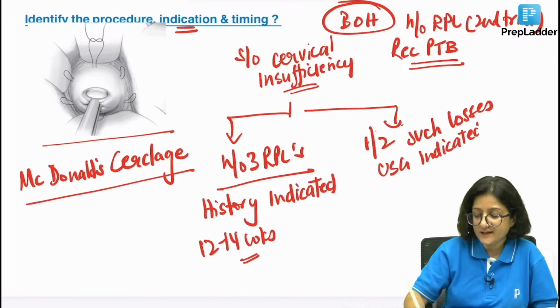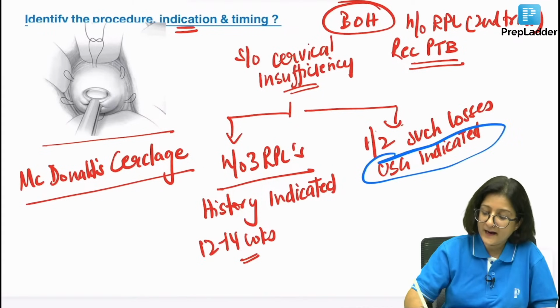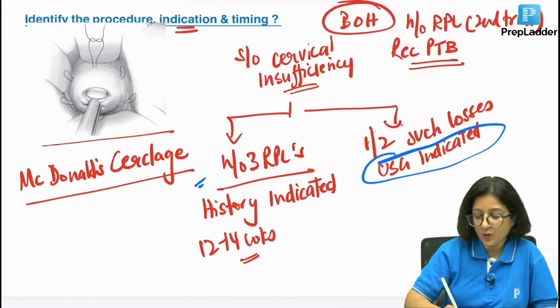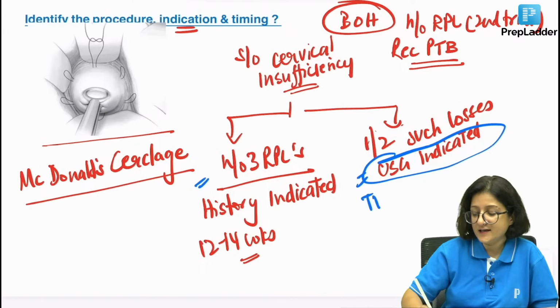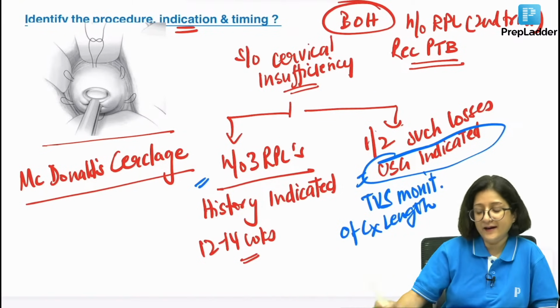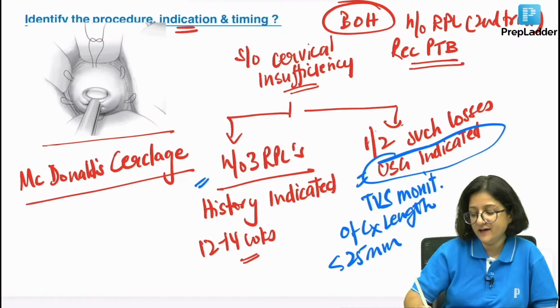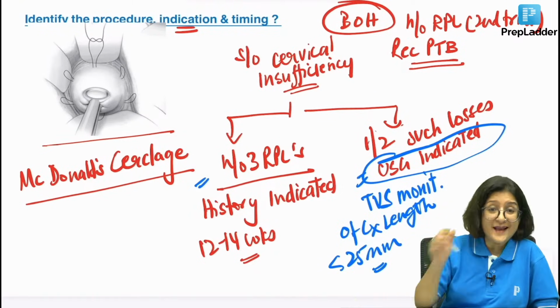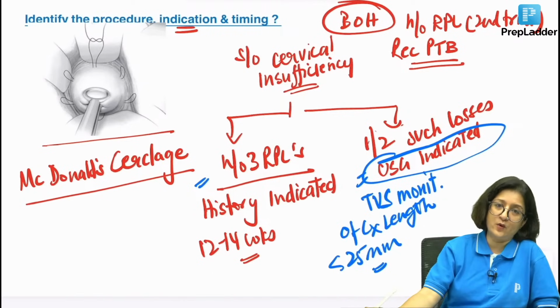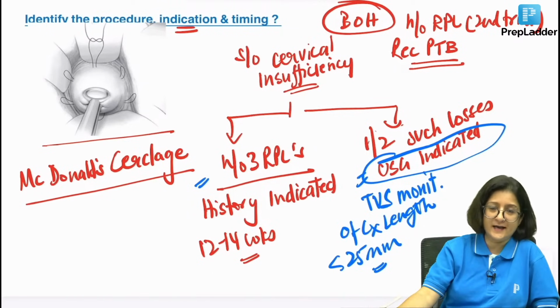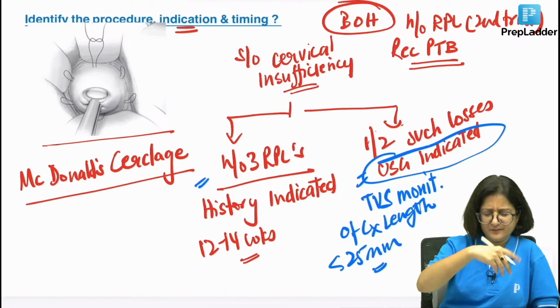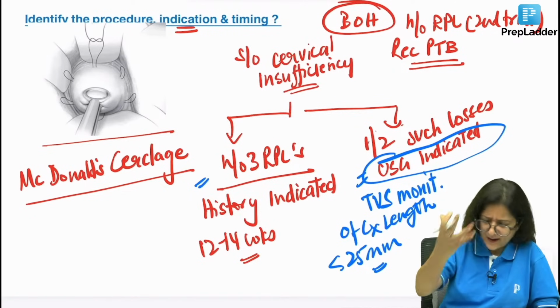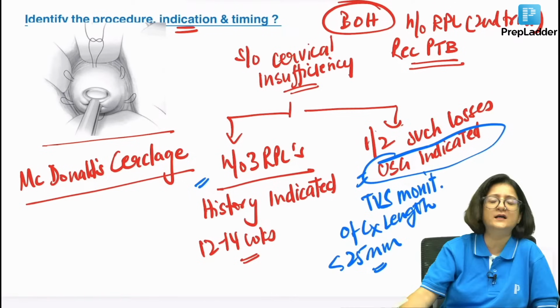Okay, what does ultrasound indicated mean? Now that she is pregnant, she is not qualifying for history indicated cerclage, but what do we do instead? Transvaginal sonography monitoring of cervical length. Okay, and if the cervical length is less than 25 mm, the length of the closed cervix is most important. You can obviously see other signs like the V-shaped cervix, the Y-shaped cervix, the funneling of the internal os and everything.